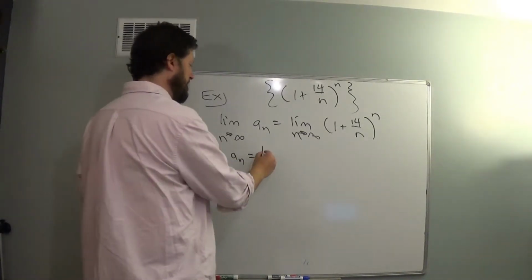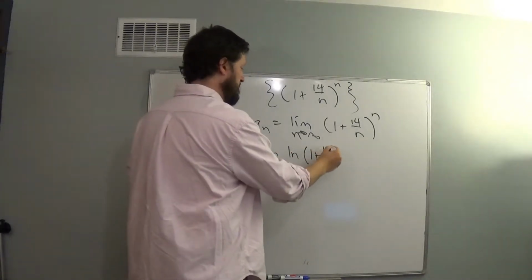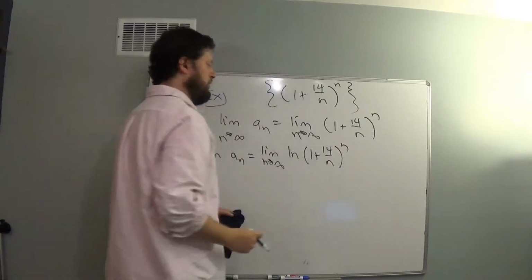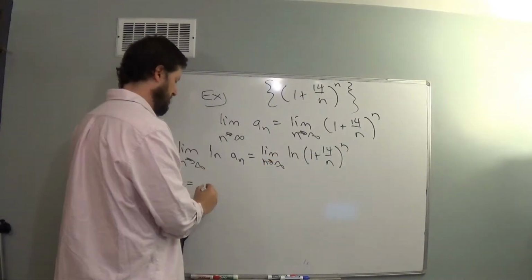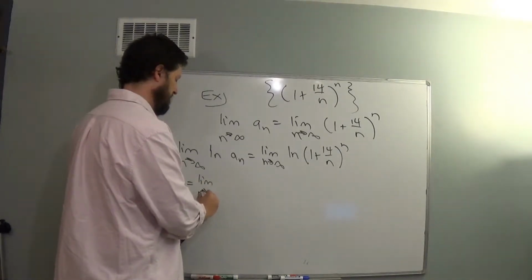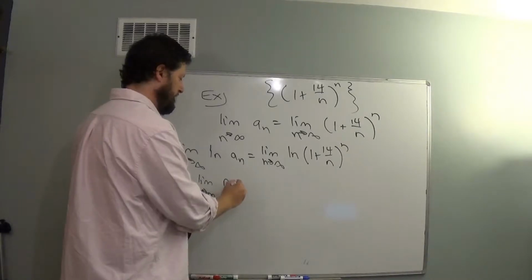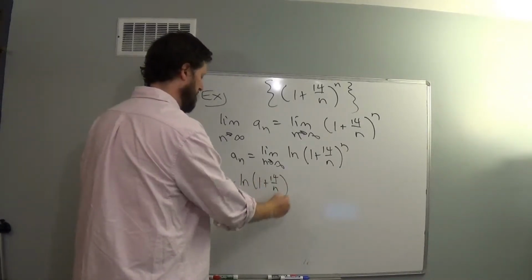Well, that's the limit as n goes to infinity of the natural log of (1 + 14/n)^n, which means that we can bring this n down. That's the power of natural logs. That's the limit as n goes to infinity of n times the natural log of 1 + 14/n.